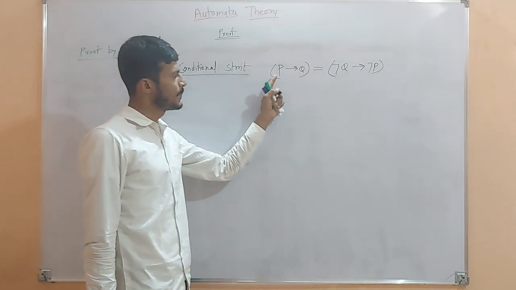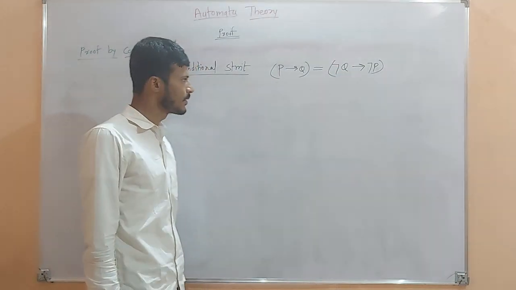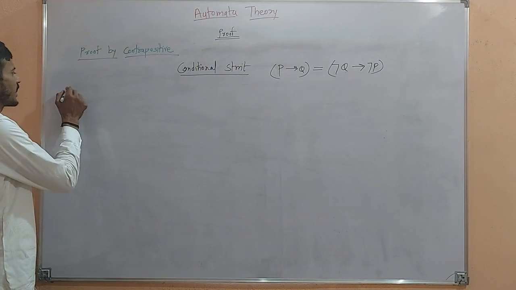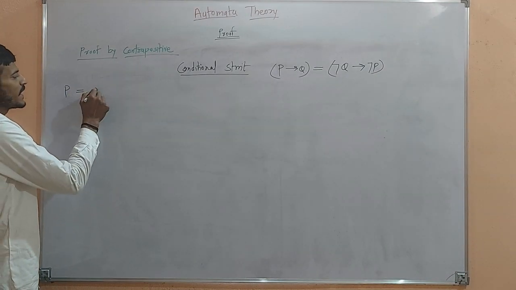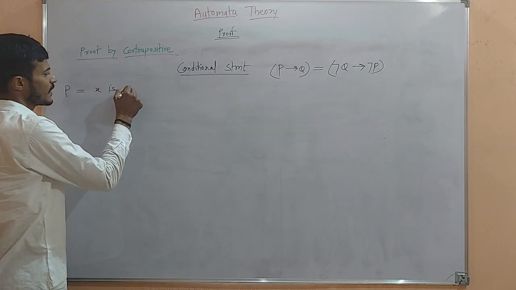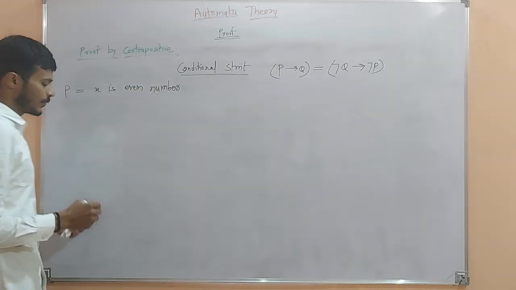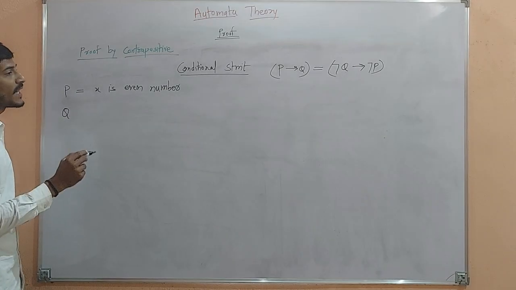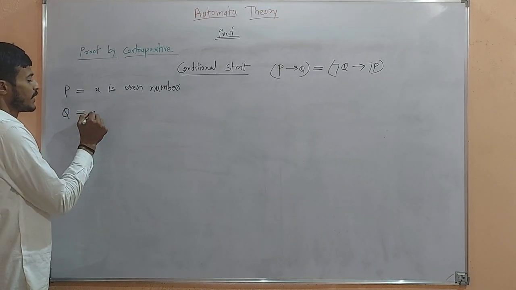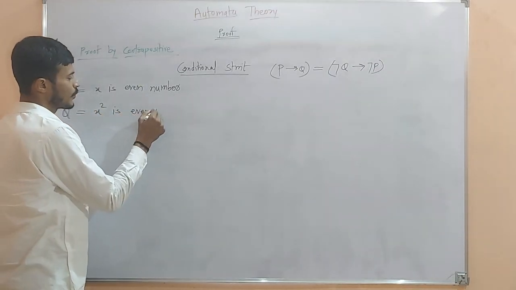Okay, it means if P implies Q is there, then negation Q implies negation P. So let us take the first statement P, which is: X is an even number. And let us take Q as another statement: X square is an even number.